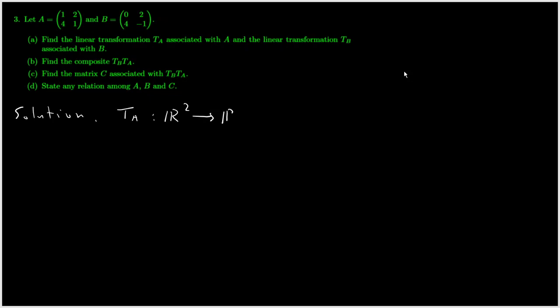That's a particular case from R2 to R2. Every vector in R2, every vector with 2 components, is mapped to A times xy.